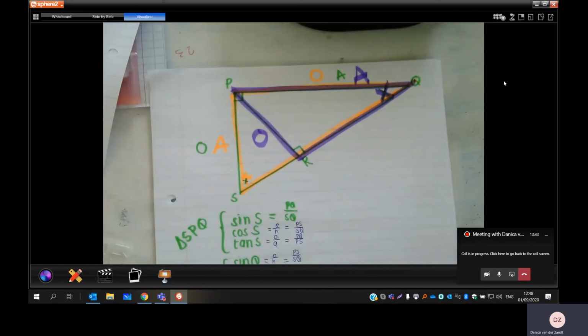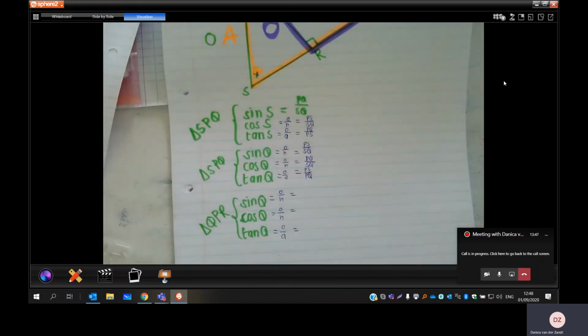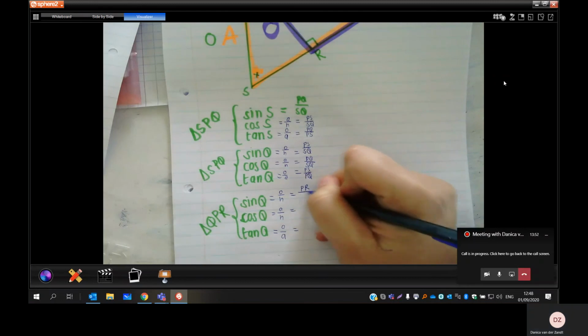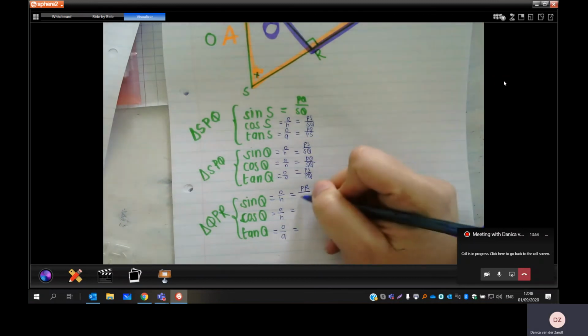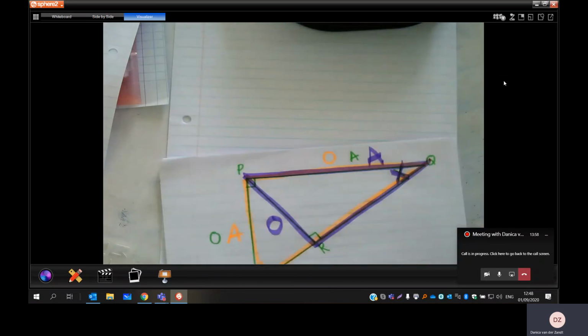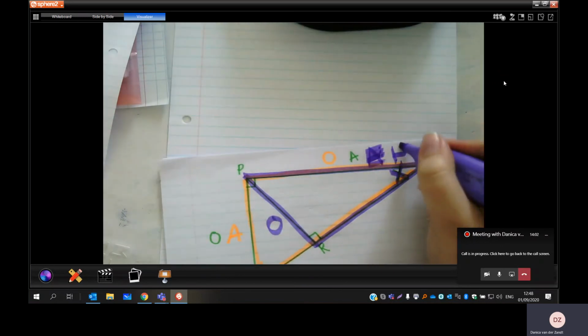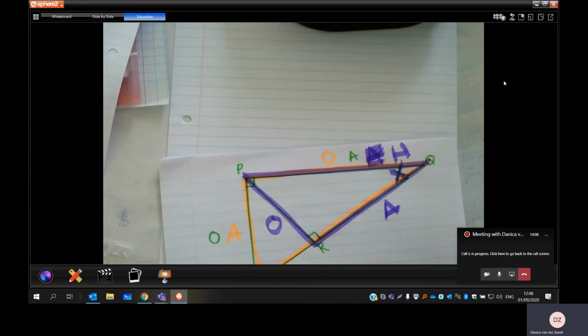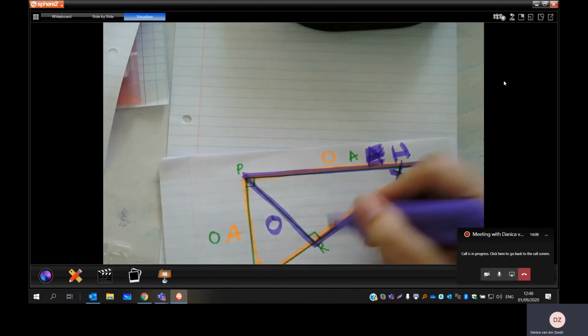When I write down those ratios, I have opposite, which is PR, over the new hypotenuse, RP. Oh, here's my hypotenuse. What am I doing? Why was I wrong? Where must my hypotenuse always be?